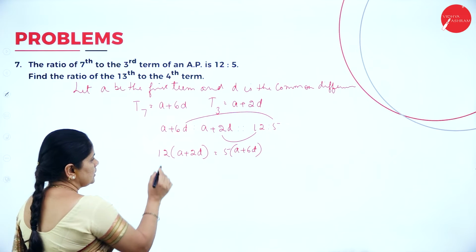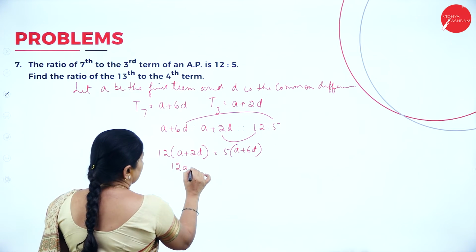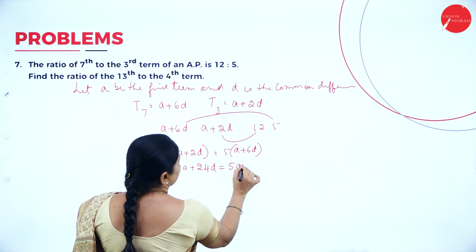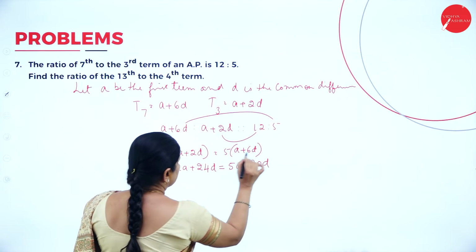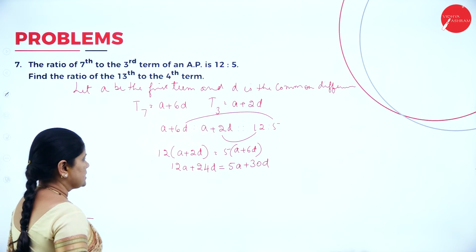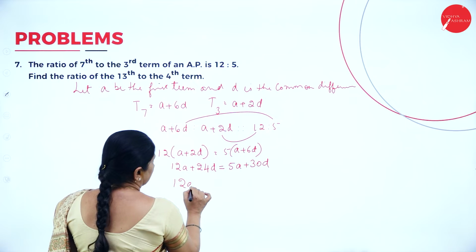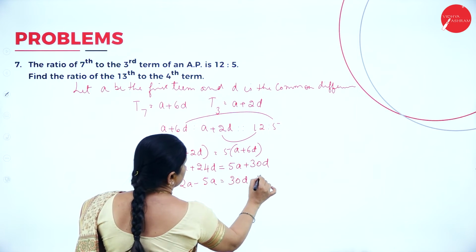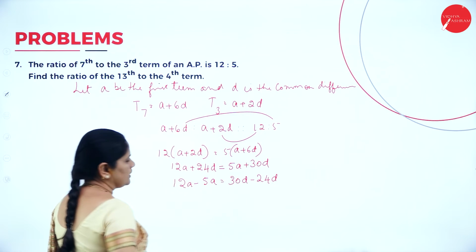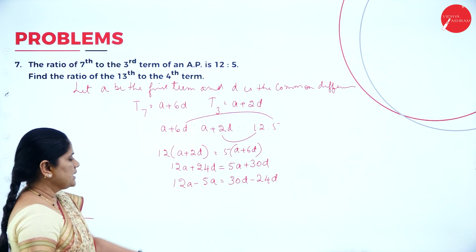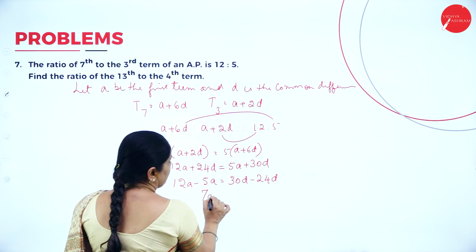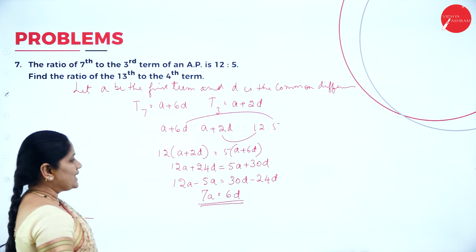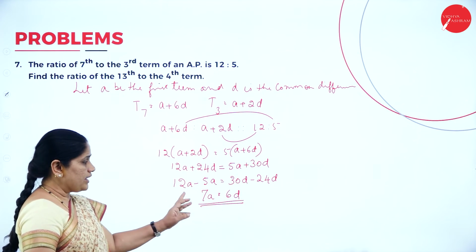So 12 into A is 12A plus 12 twos are 24D equals 5A plus 30D. Next, 12A minus 5A equals 30D minus 24D. So 12 minus 5 is 7A equals 6D. So 7A equals 6D is what we have found out.